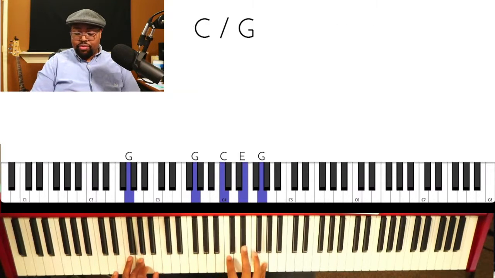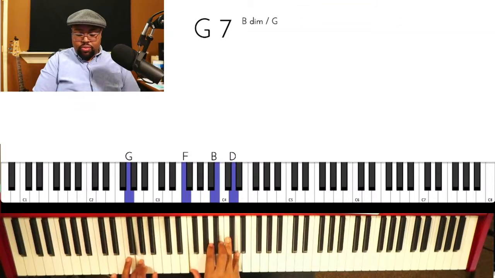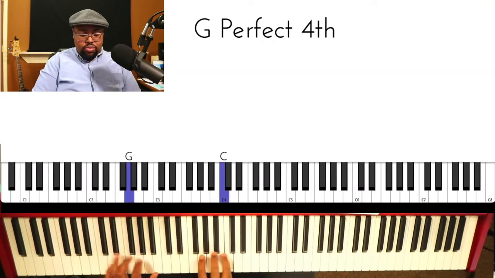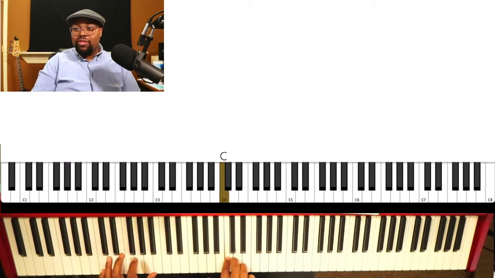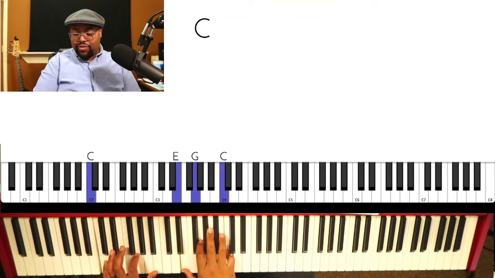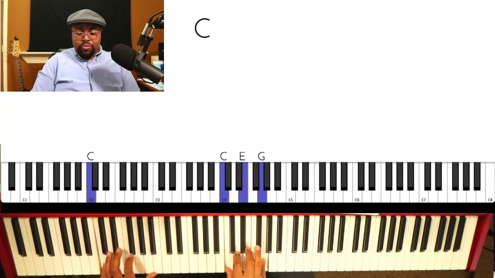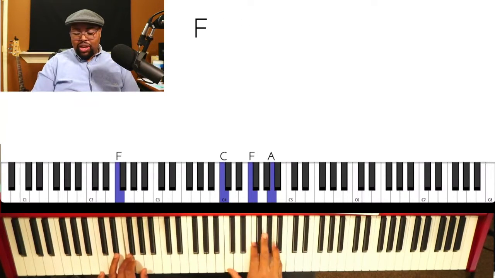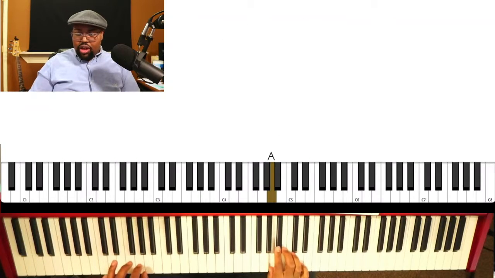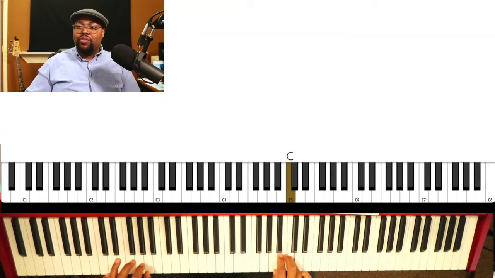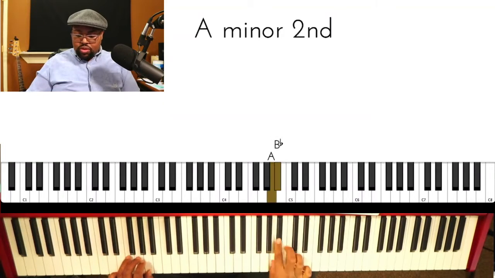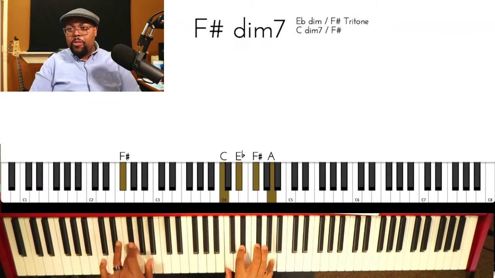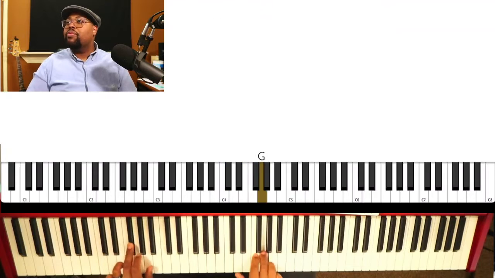Second option. Notice I said a roll to that E, okay? I just roll down to it. That diminished chord.